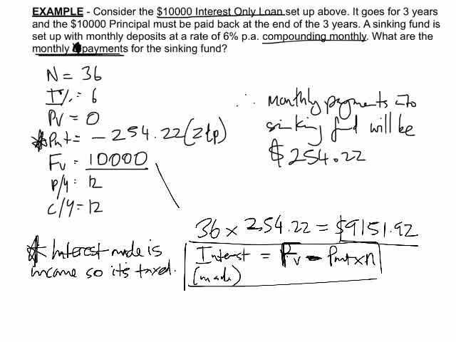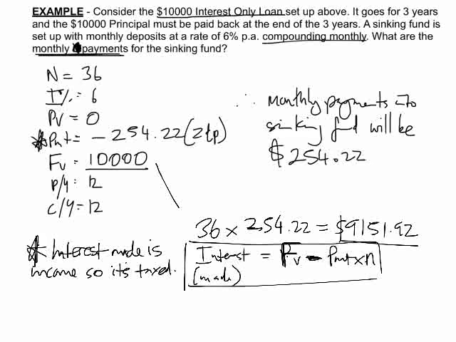So a lot of your questions will just completely ignore that fact. You'll have to be aware of that assumption, or it's not reasonable. You'd have to think about that in real life. Okay, so that is just one last little point to think about when you're talking about sinking funds. All right, because it's a future value annuity, it's generating interest. That would ordinarily be taxed.